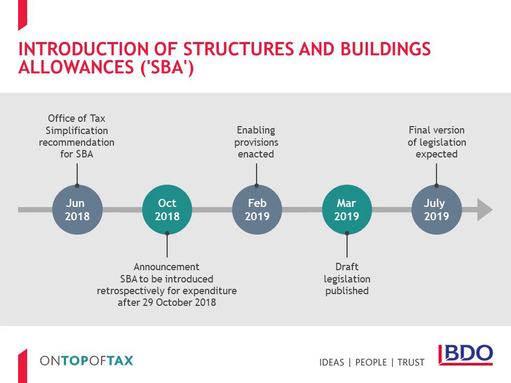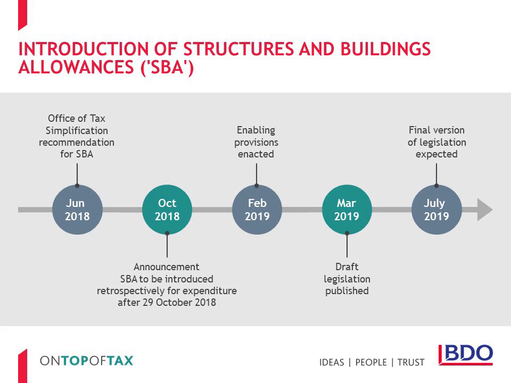Although structures and buildings allowances were announced and will be introduced from that date, only provisions for its introduction were included in the Finance Act 2019. Draft legislation has been subject to a period of consultation, and on the 19th of June this year, legislation was due to be laid before Parliament to provide for this new capital allowance, which is expected to come into force.